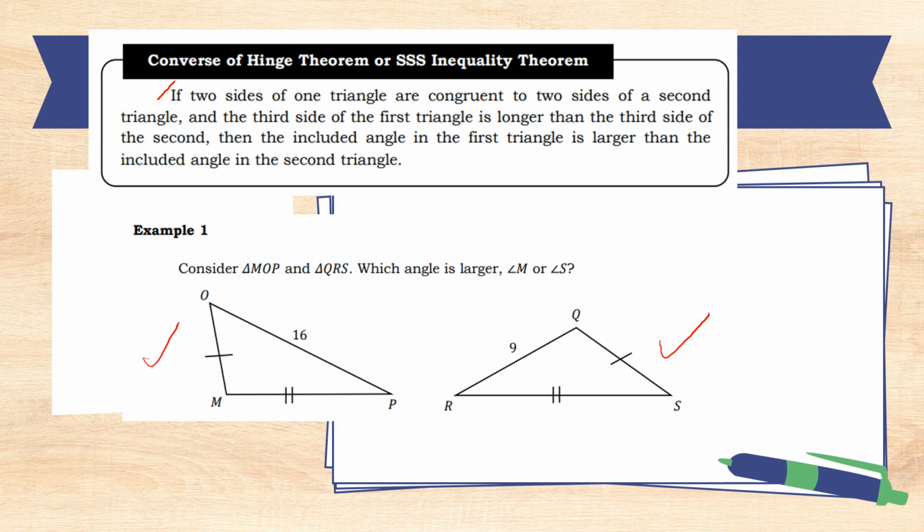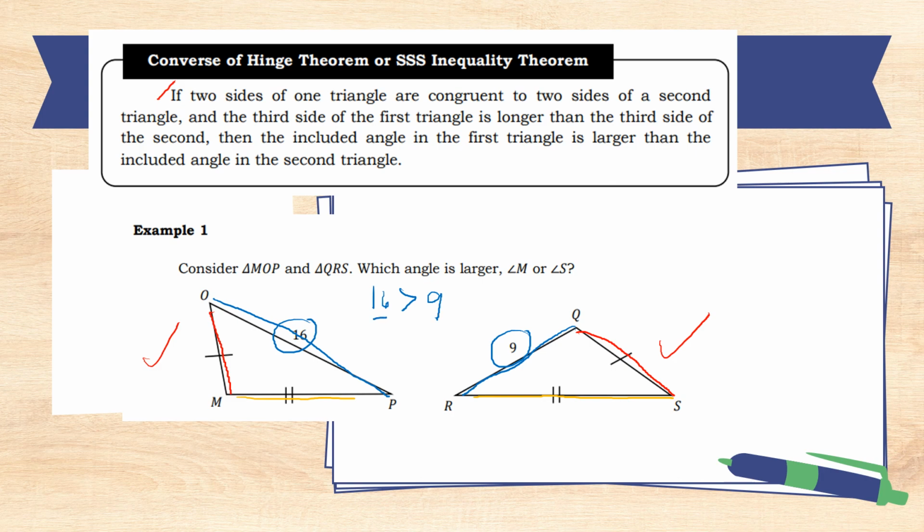In the figure, MO and QS are congruent. Another, MP and SR are also congruent. Now, looking at the measures of the sides OP and QR, we have 16 and 9. Considering these measurements, I can say that 16 is greater than 9.